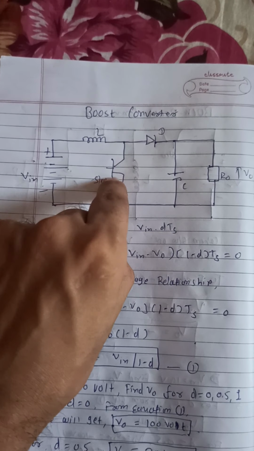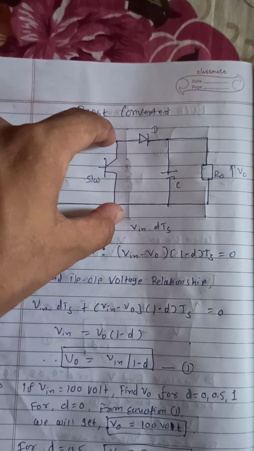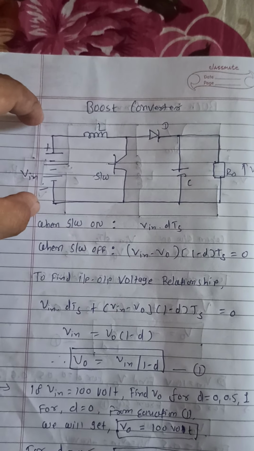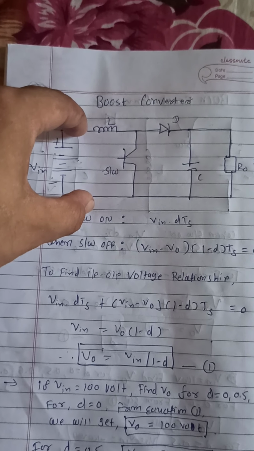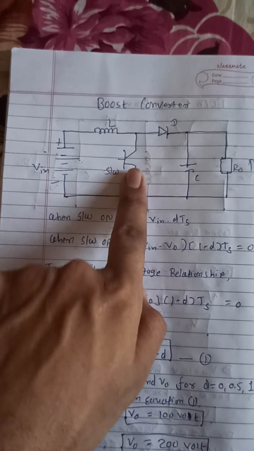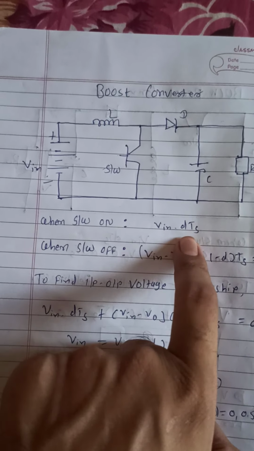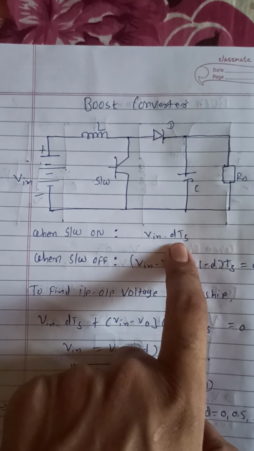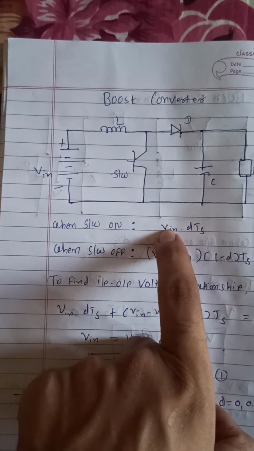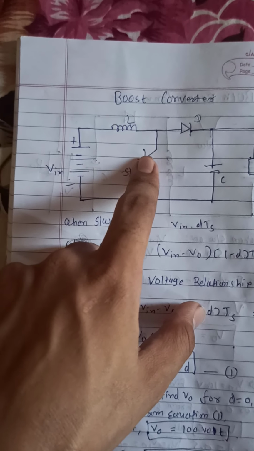Because the switch is on, so this is a short. So at the second terminal the voltage is 0, and at the first terminal the supply voltage is reflecting. So the voltage across the inductor whenever the switch is on is V in into D into Ts. D Ts is the switch on period, and V in is the voltage across the inductor whenever the switch is on.